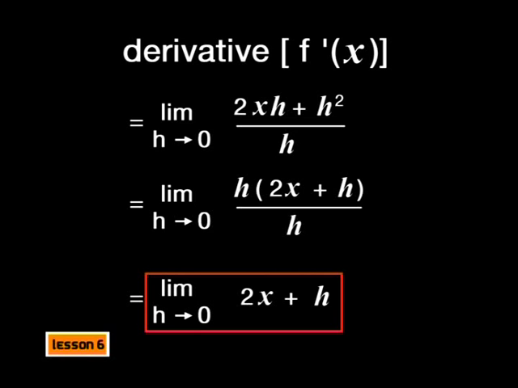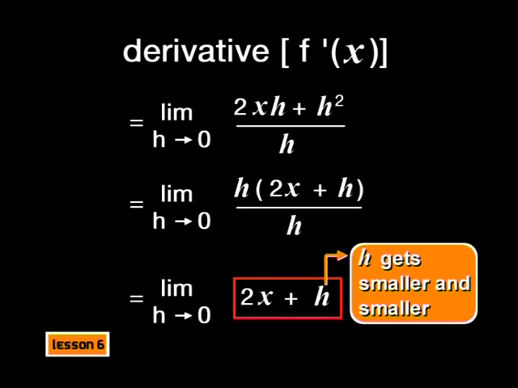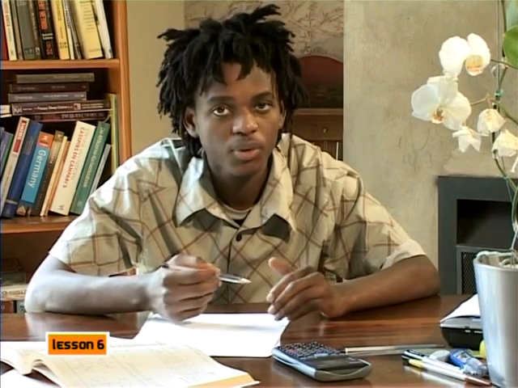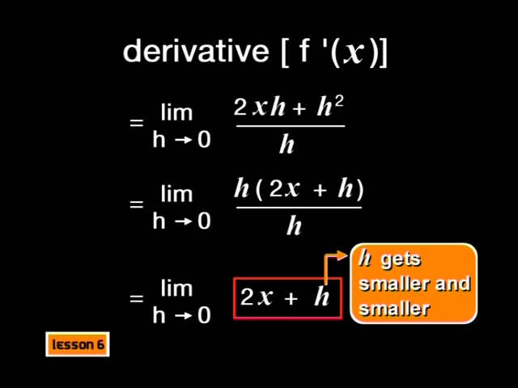When we say the limit as h tends to 0 of 2x plus h, we mean what happens to 2x plus h as h gets smaller and smaller. Why are you going on saying smaller and smaller? If we are making h so incredibly small, why don't we just make it 0 and cross it out?